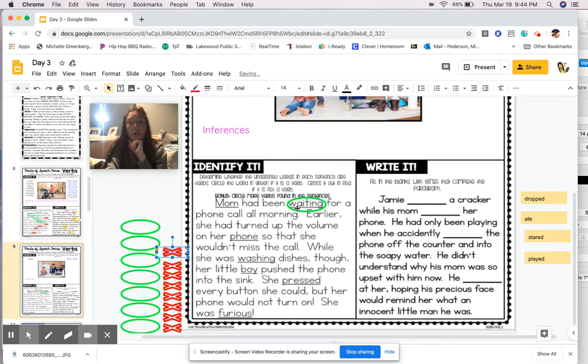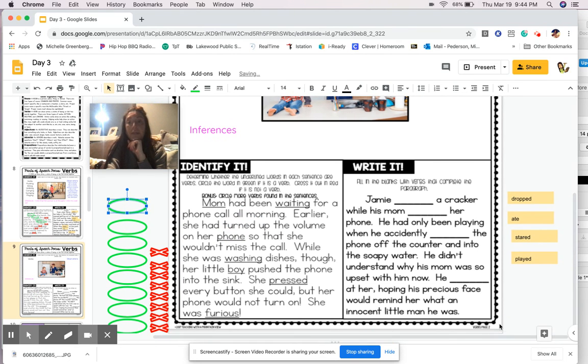Remember, you're going to have other words that are going to be verbs in the passage, okay? And then we have our write it, where you're going to move the box into the correct sentence. All right?